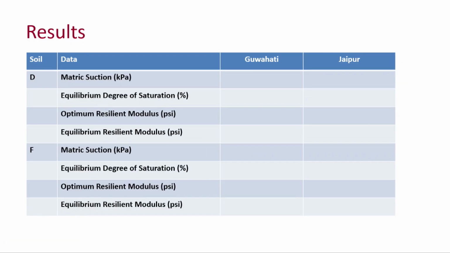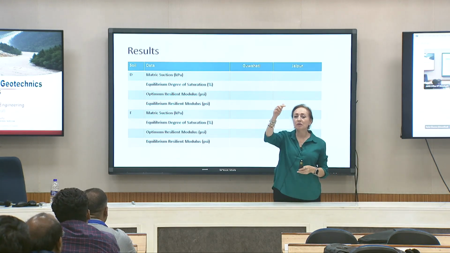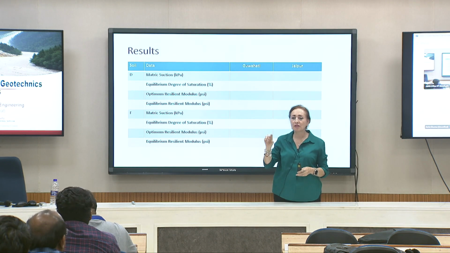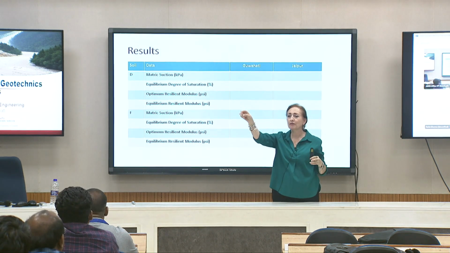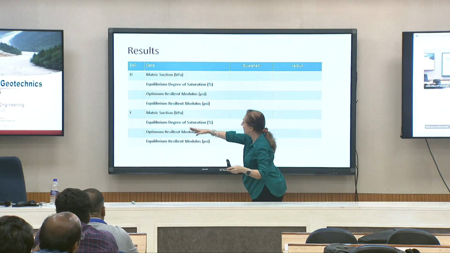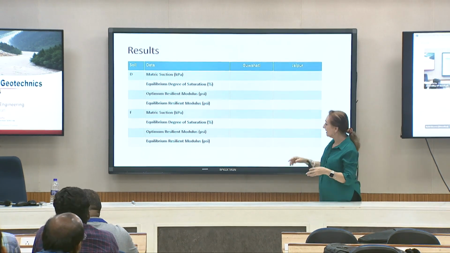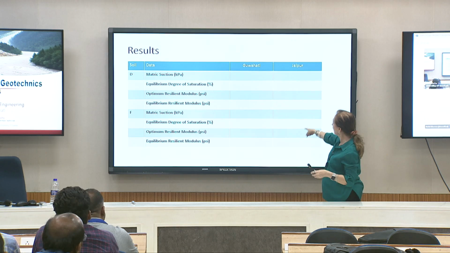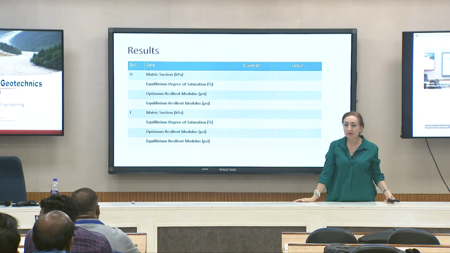So then we got 1, 2, 3, 4 rows. The last rows, we got 1, 2, 3, 4, 7 people there. We're gonna do soil F in Guwahati, and the first 2 rows in here, you guys gonna do soil F in Jaipur. All right? So everybody okay with that?